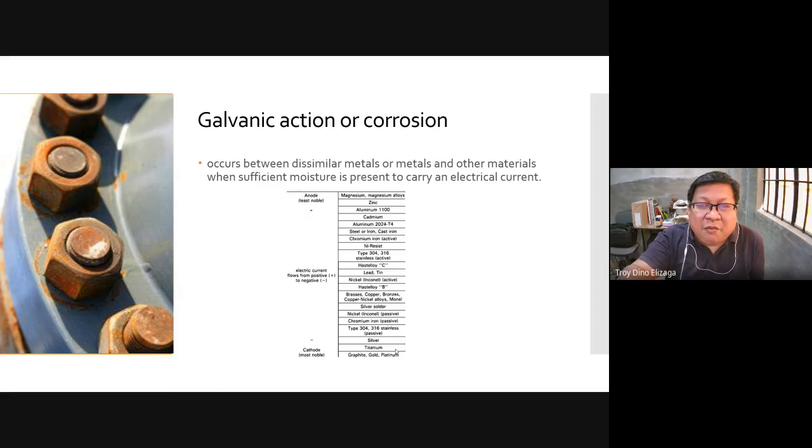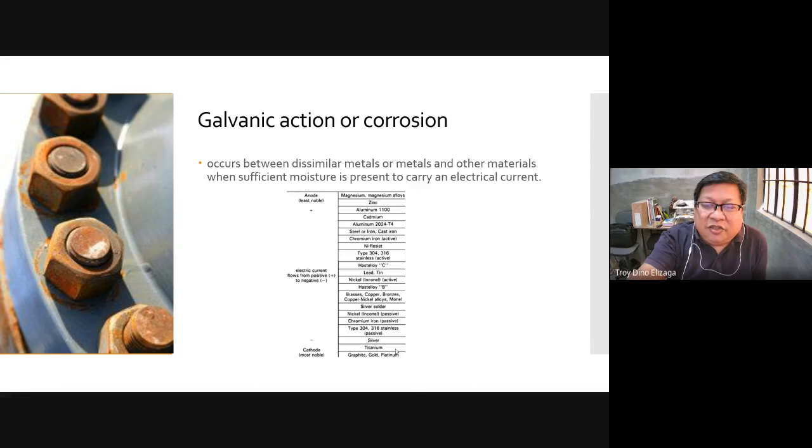For example, magnesium and zinc, so there will be a reaction, but since they are very near each other, the reaction is very little and it may take time. But magnesium and the one at the very bottom, graphite or gold or platinum, the reaction is fast and worse, no? In terms of condition.